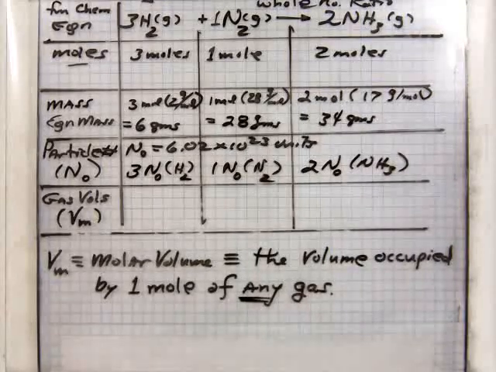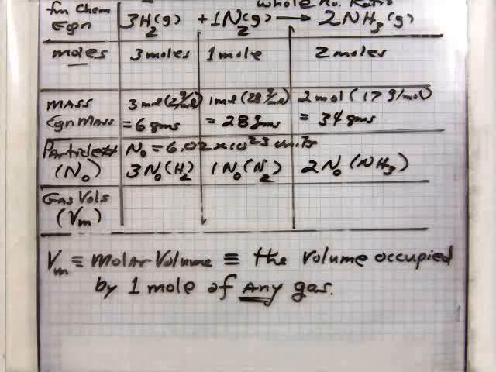Doesn't matter what it is. SO2, H2, N2, argon, 1 mole weight, 1 formula weight, doesn't matter what gas, is said to occupy 1 molar volume. They all do the same thing.